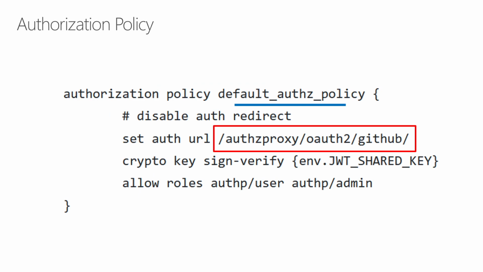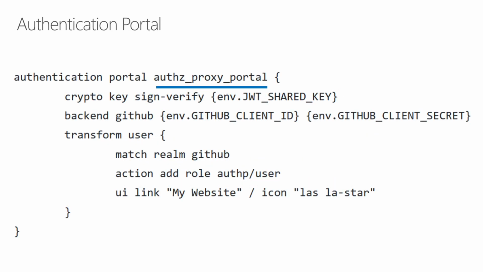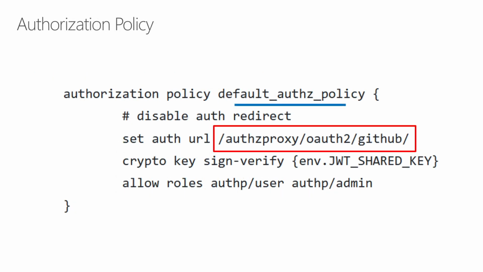So if I'm serving my portal from authz proxy, the endpoint to reach GitHub and be redirected right away is auth2/github. So GitHub in this particular case is a realm. So auth2 realm, and you will be redirected automatically.